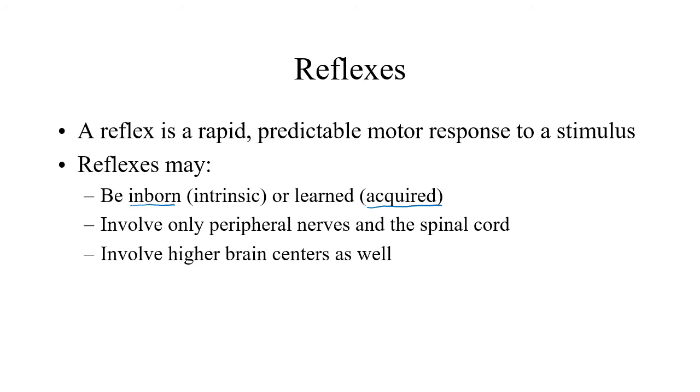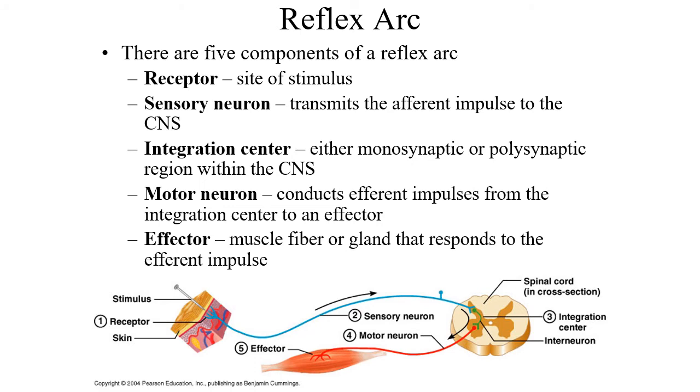The process involves only the peripheral nerves and the spinal cord itself. And so before the higher brain centers even know that something is going on, that reflex has already begun. And so we have some sort of receptor in the skin. It is receiving information about the potential for a need to have the reflex itself. It sends that information through a sensory neuron to the cord, where it usually is going to synapse on an interneuron.